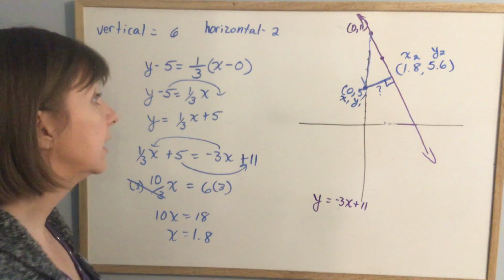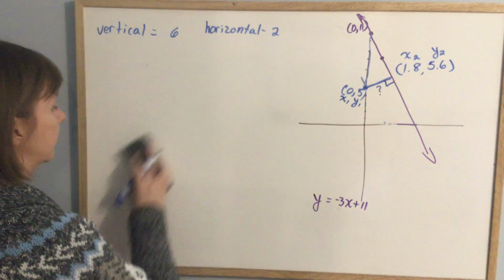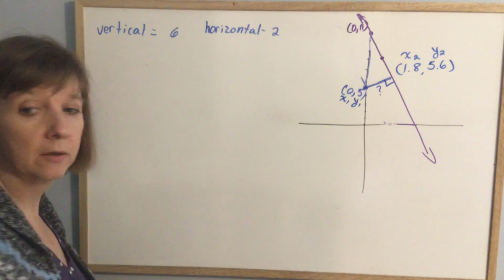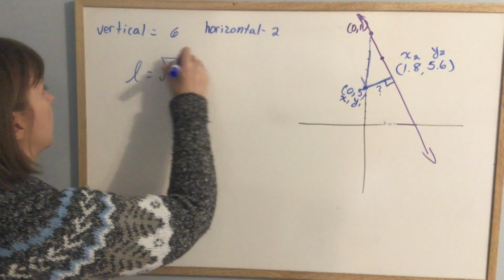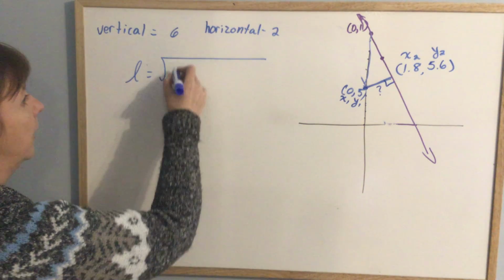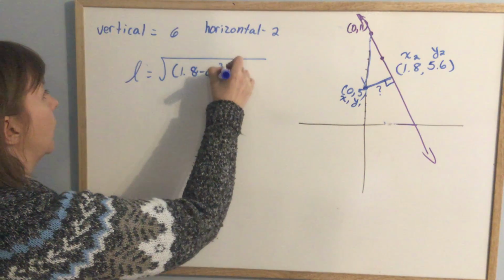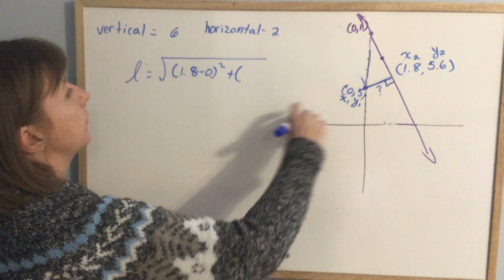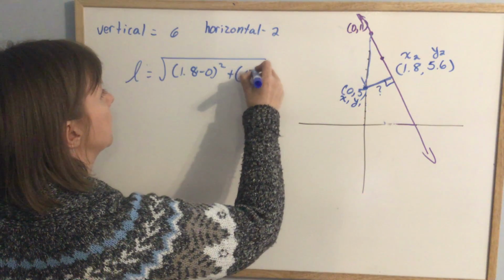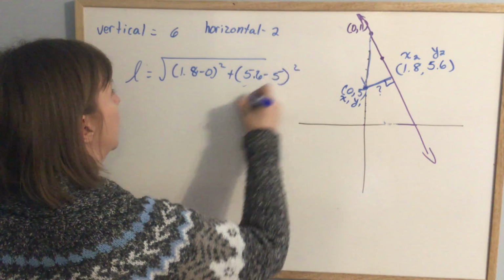So now to find the length of that line, I'm going to do the length of my line formula. That length is the square root of x2 minus x1, so 1.8 minus 0 squared, plus y2 minus y1 squared, so y2 is 5.6, minus 5 squared.